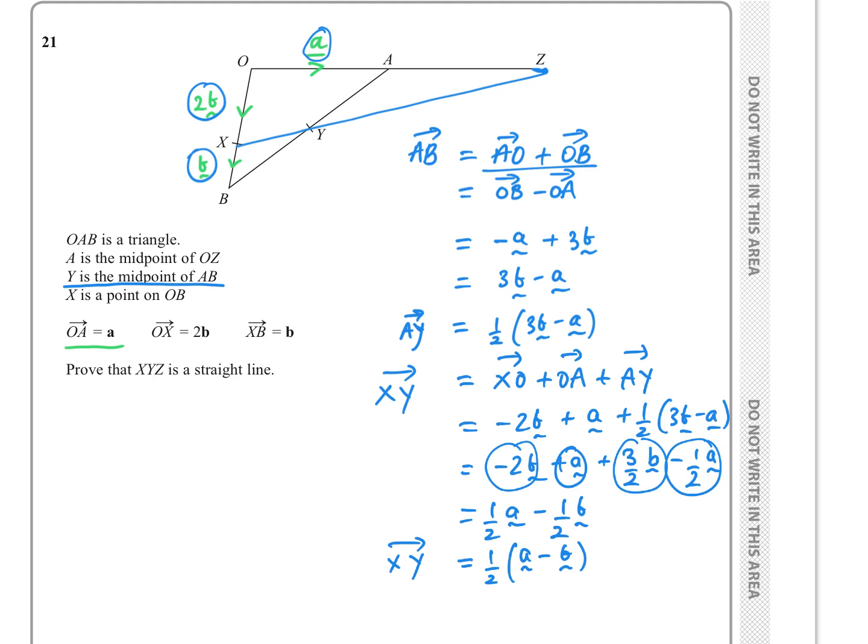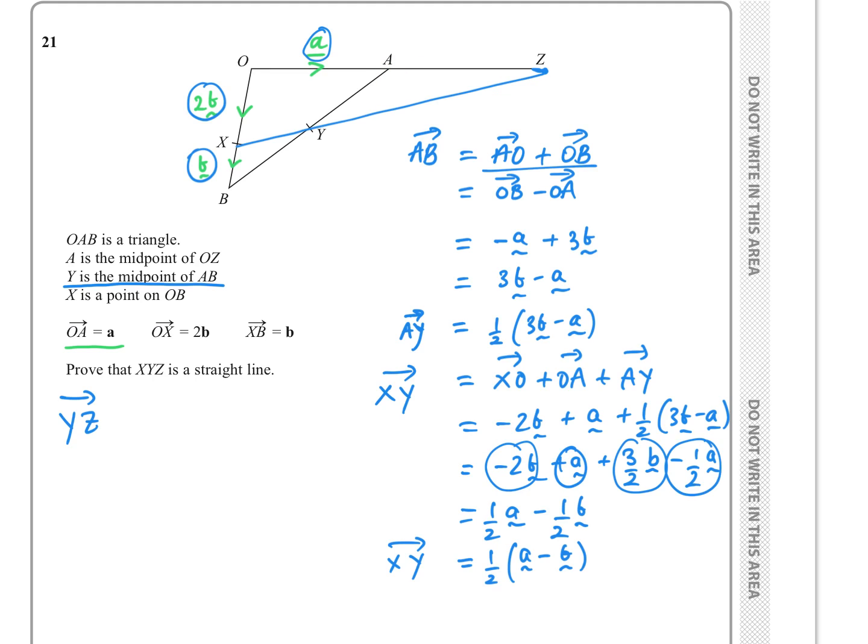Now, why don't we find Y to Z? And that will show us how X to Z looks, okay? Now Y to Z, from here to here, I can just go from Y to A and then from A to Z. Now it does say that A is the midpoint of OZ, so if this was a journey of a, then this is a journey of a as well.